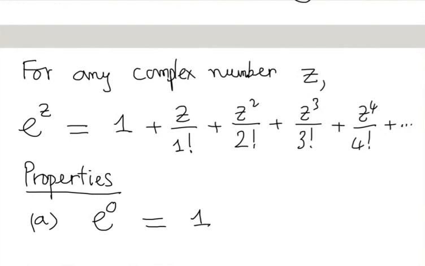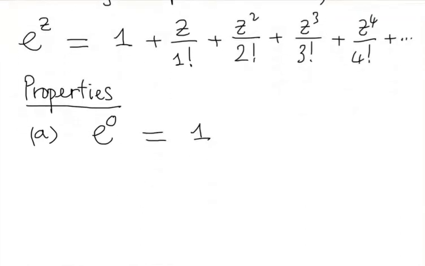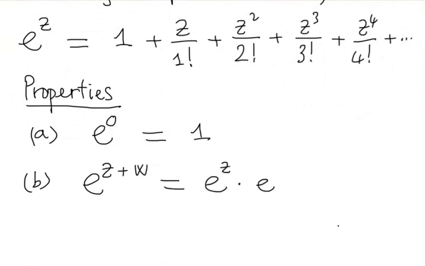So e to the 0 equals 1, which is expected. And that's what you learn from college algebra. Another property, which we're not going to prove but is also true, is that if we have e to the z plus w, then this can be written as e to the z times e to the w. That is the rule of exponents that you learn in college algebra as well.